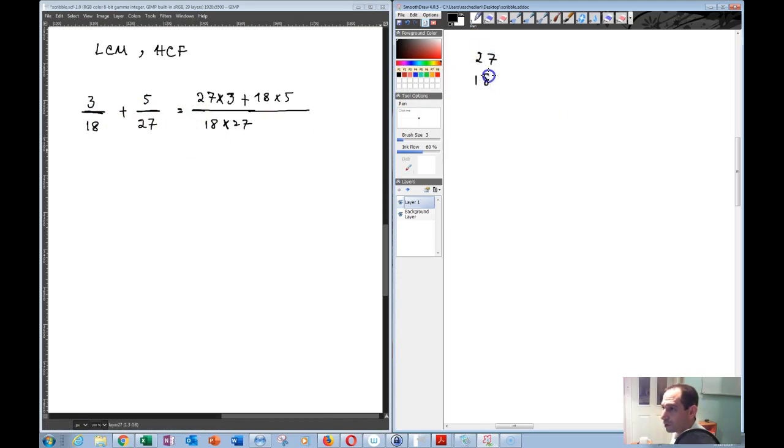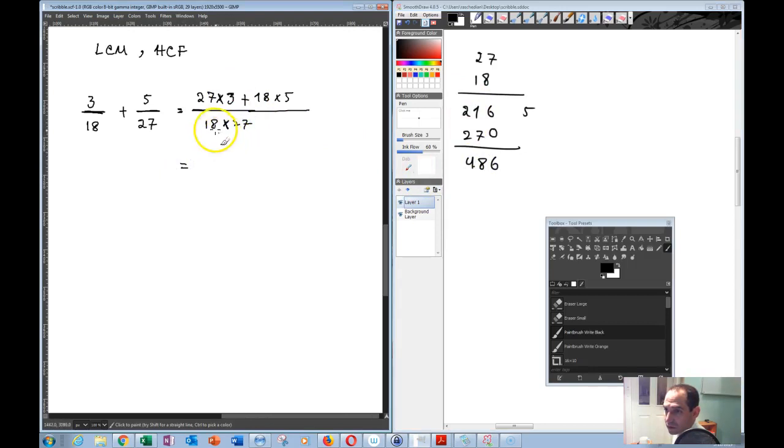If you multiply 18 by 27, you'll get 486. So this is some number like 27 times 3 plus 18 times 5, whatever that is, doesn't matter for now, but the denominator is 486, which is a fairly large denominator.